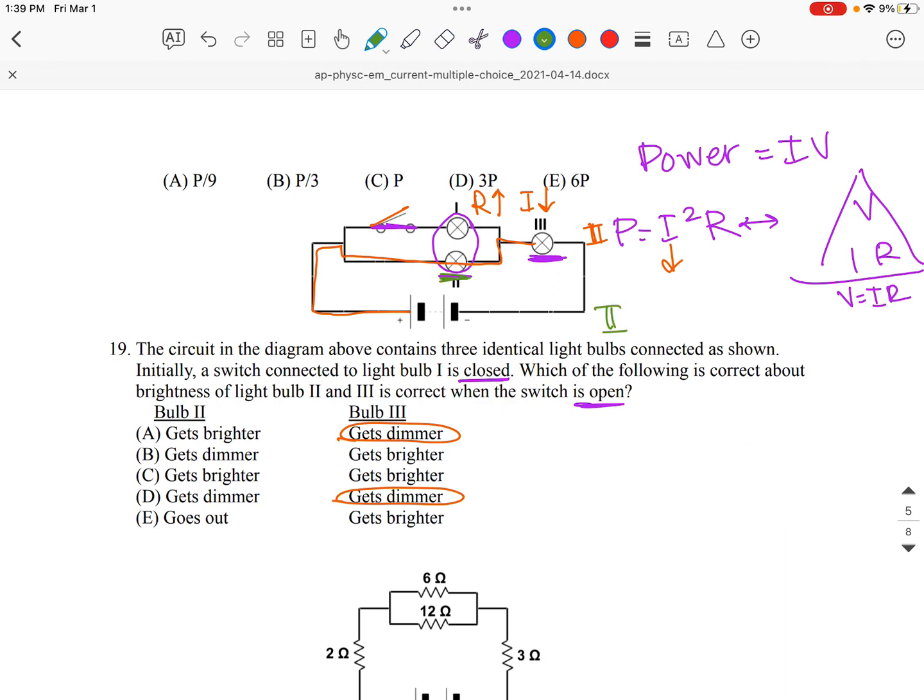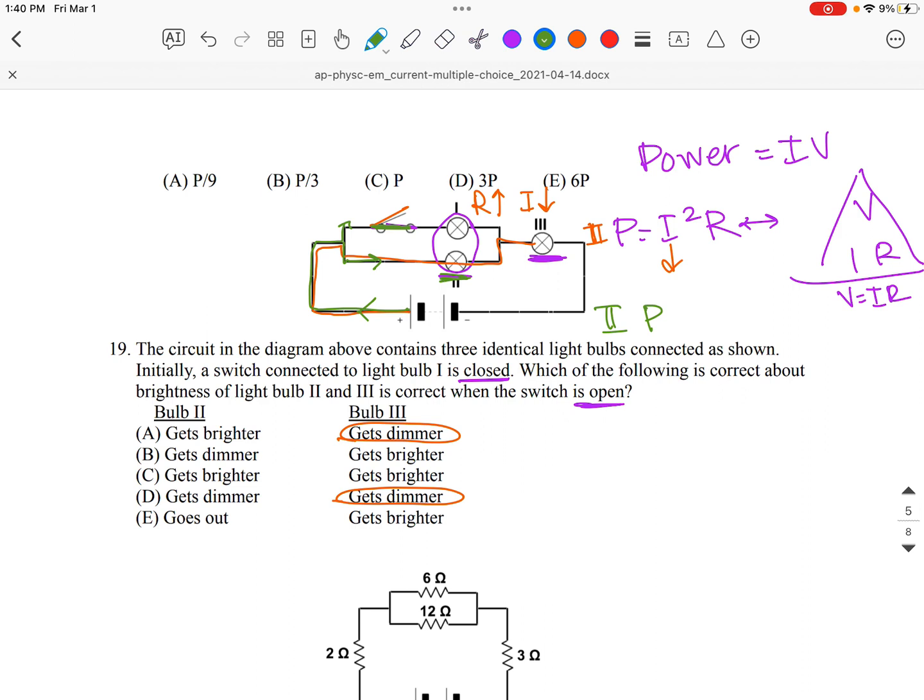When the switch is closed, bulb 2 ends up receiving just a portion of the current that's flowing through, so the current is definitely going to be less than the total current of the battery.